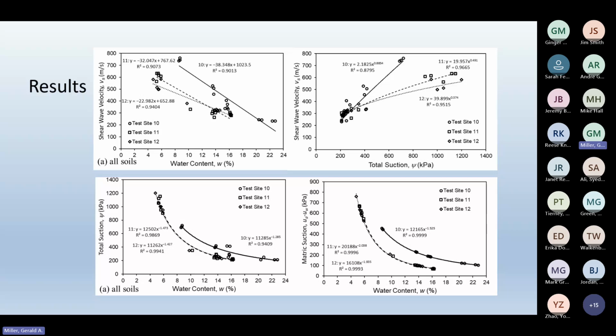For this site 10, you get much higher suctions for a given water content, whereas the other two sites' soil water characteristic curves practically plot on top of each other. So again, this emphasizes the importance of matrix suction on the shear wave velocity being much higher for site 10 due to the higher suctions at the same water contents.